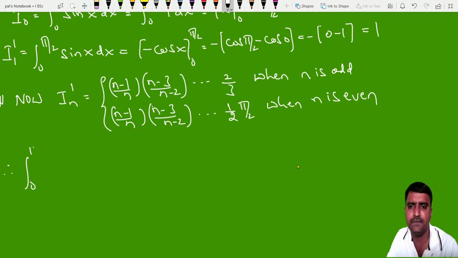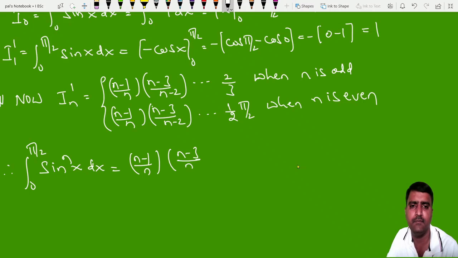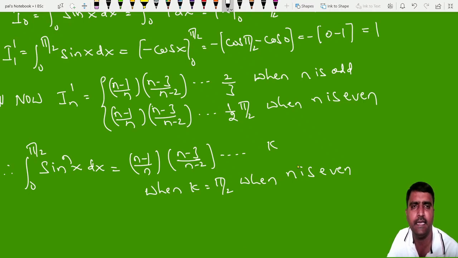Therefore, integration from 0 to pi by 2 of sine to the power n x dx is equal to n minus 1 by n into n minus 3 by n minus 2 and so on, times k, where k is equal to pi by 2 when n is even and k is equal to 1 when n is odd.